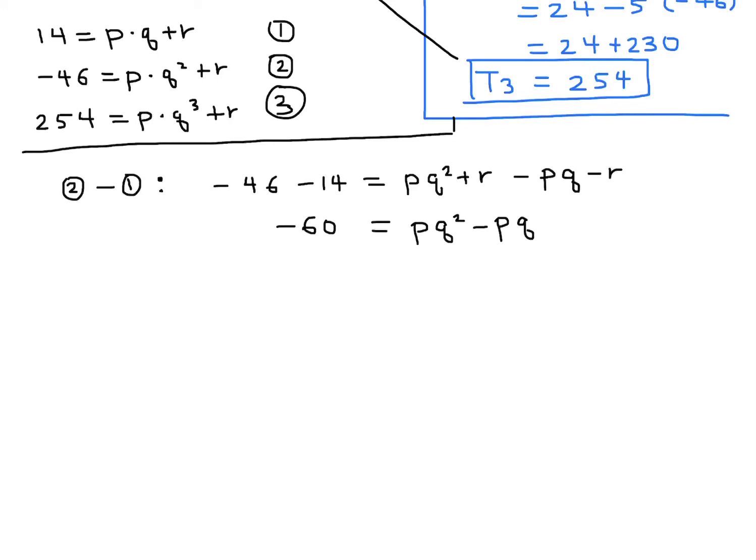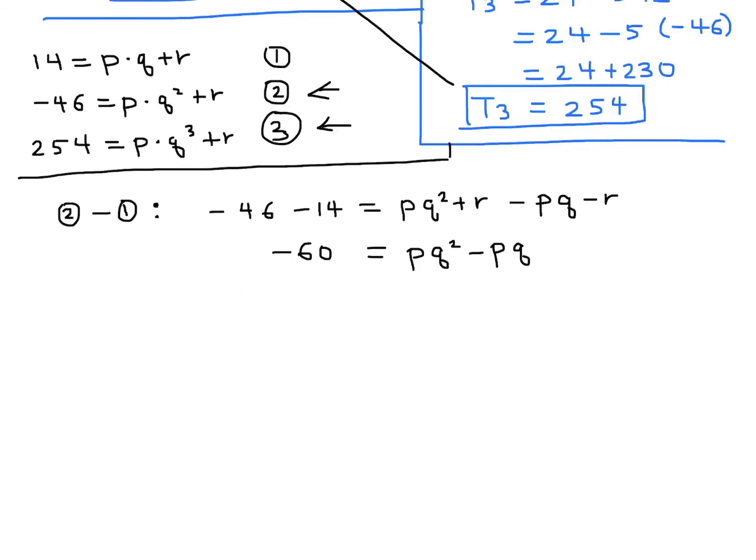And the R's do indeed disappear. So that's good. If you factor out a PQ, this will give you just Q minus 1, like that. And I think that's about as far as we can go there.